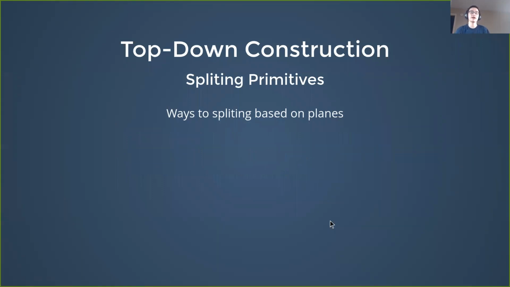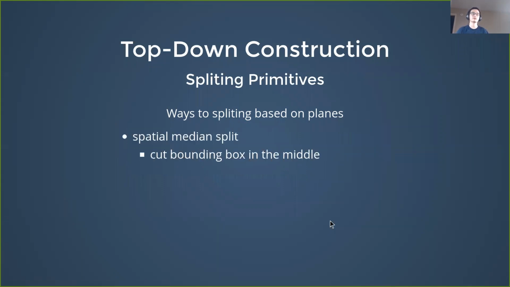There are several ways to split based on planes. The first is spatial median cut, which means cutting the bounding box in the middle. This can be problematic if, let's say, most objects are on the right and the left-hand side contains almost nothing, so we can get a highly unbalanced tree if we split primitives this way.